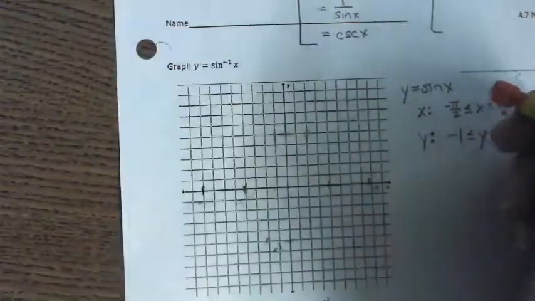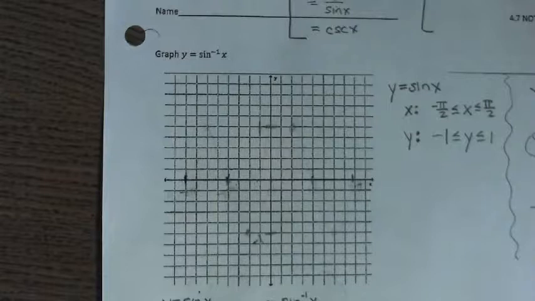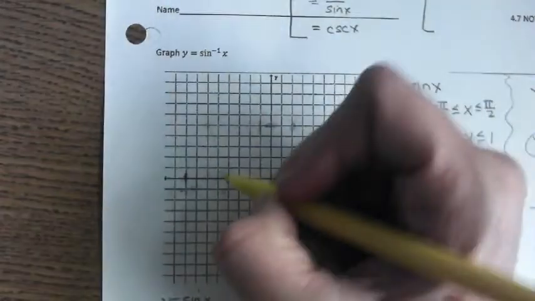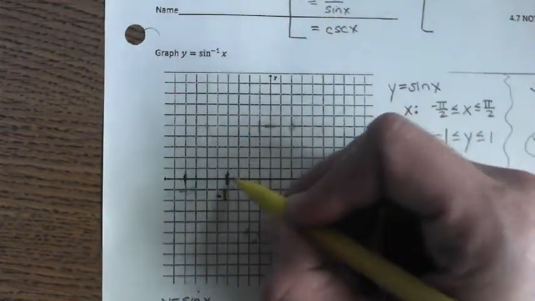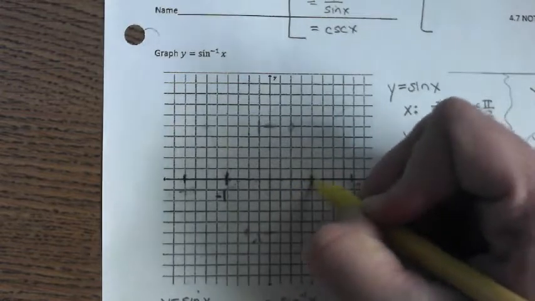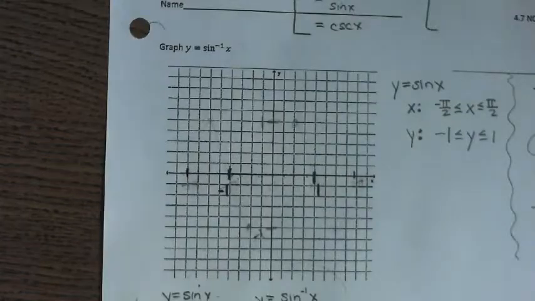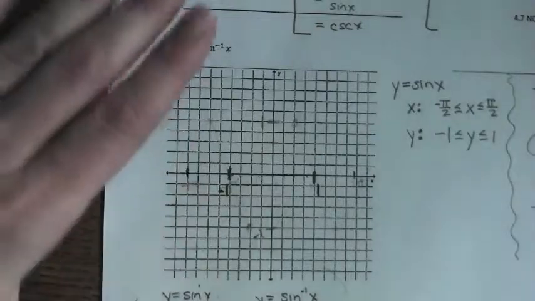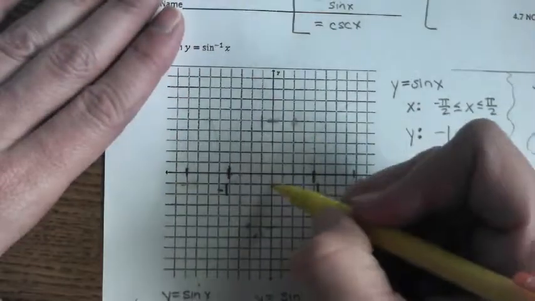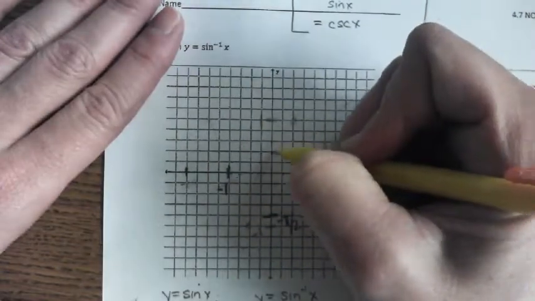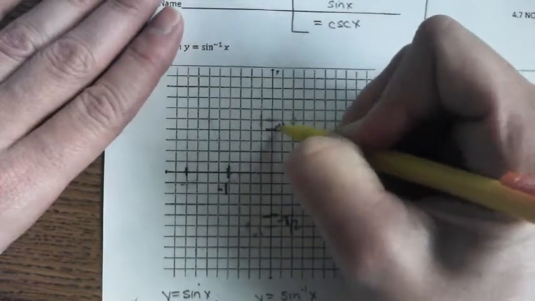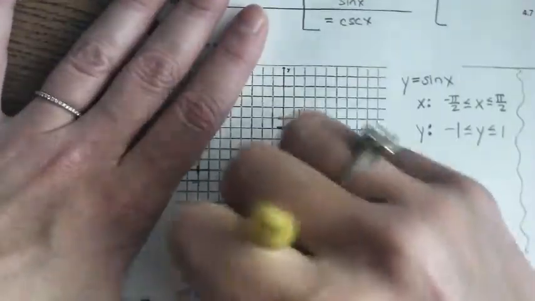It was the exploration of inverting the sine graph and all those pieces that would play into it. I'm just going to go from negative 1 to 1 on my x-axis because that's my new domain, and negative pi over 2 to positive pi over 2 on my y-axis.